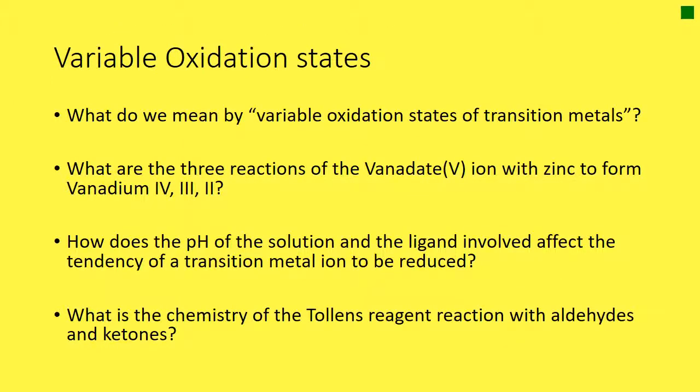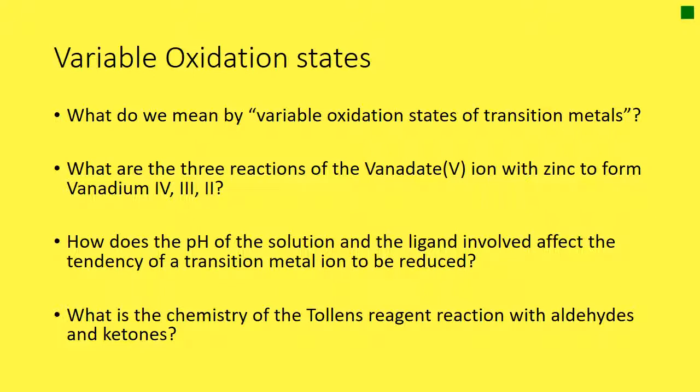So that completes our video lesson. It just remains to check off our learning objective questions that we started out with. First one, what do we mean by variable oxidation states of transition metals? Well, we looked at vanadium in particular and saw a couple of molecular ions, including the vanadium element with +5 and +4 oxidation states, and we also looked at the V3+ and the V2+.